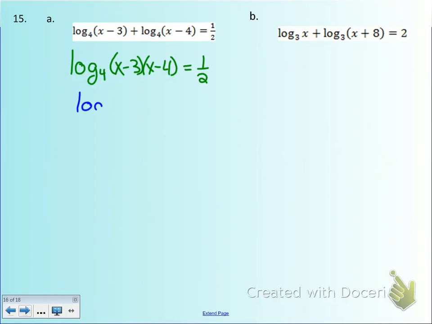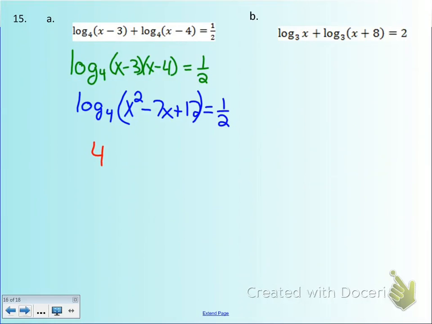So we're going to end up with log base 4 of x squared minus 7x plus 12 equals 1/2. And that needs to go in parentheses. Okay, now we are going to turn this into exponential form.